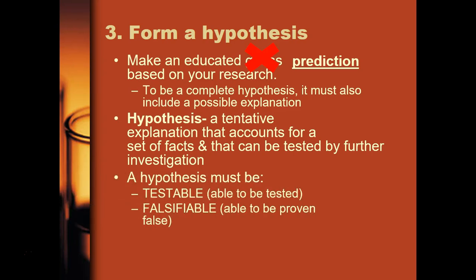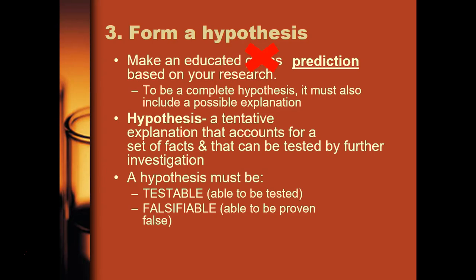So, in order to be a truly reliable, functional hypothesis, it's got to meet really two criteria. One, I have to design my hypothesis, I have to write it in a way that I can actually test it. It needs to be testable.